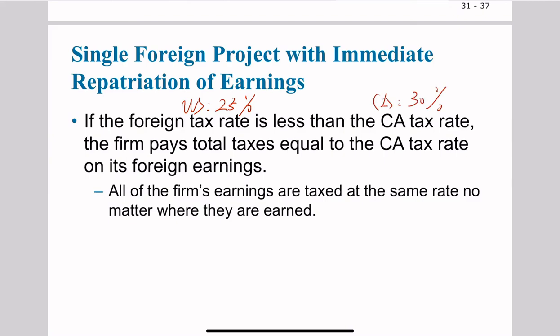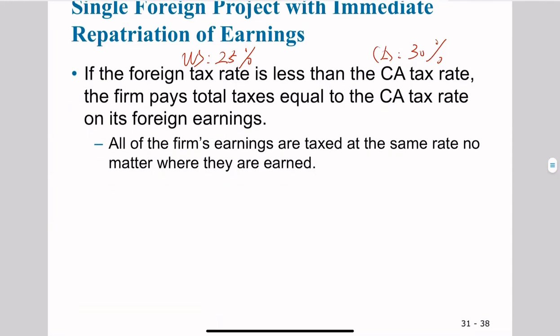Now, in this case, the Canadian firm will pay total taxes equal to the Canadian tax rate on its foreign earnings. So in this case, all of the firm's earnings are taxed at the same rate, the same 30%, no matter where they are earned.